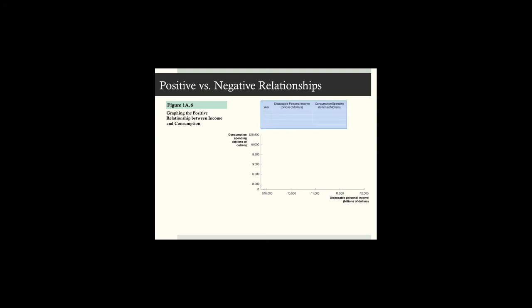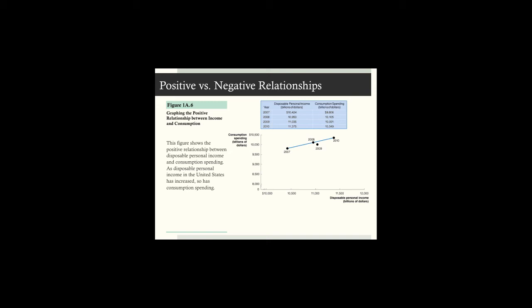This is figure 1a.6 from the text, and it's giving an example of a positive relationship between income and consumption. This figure shows the positive relationship between disposable personal income and consumption spending. What this means is that as disposable personal income in the United States has increased, so has consumption spending.